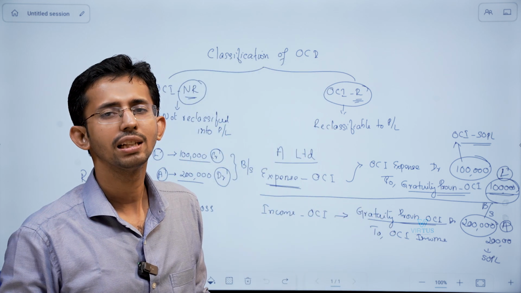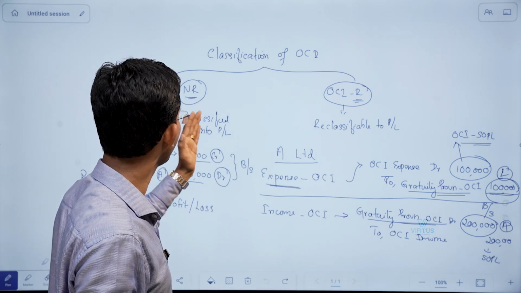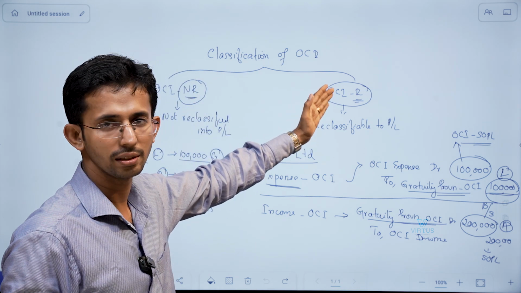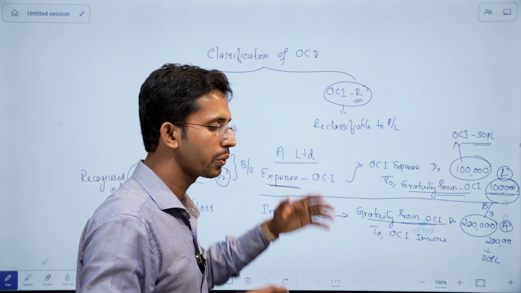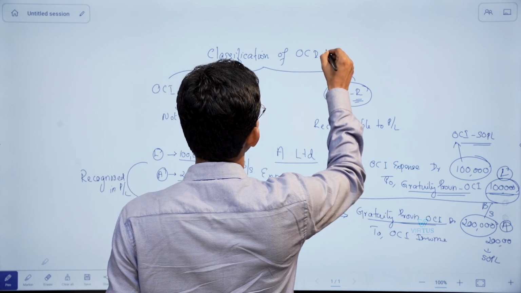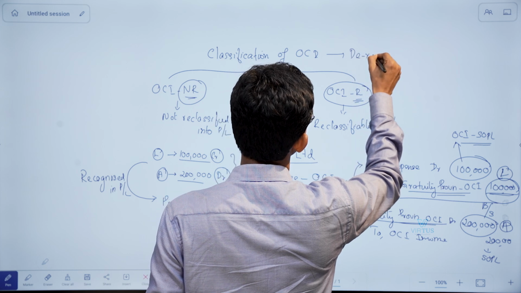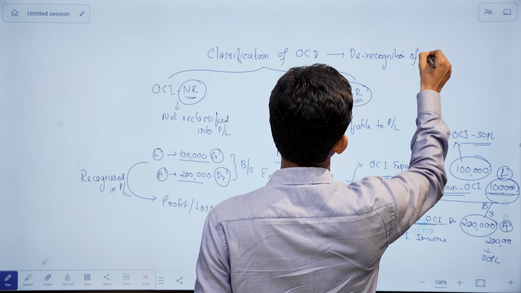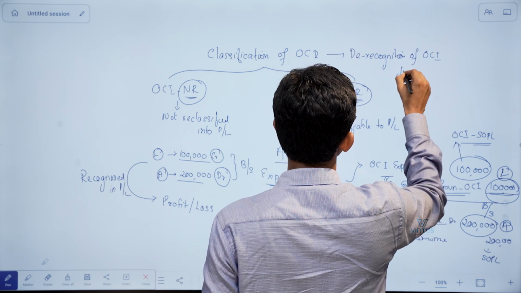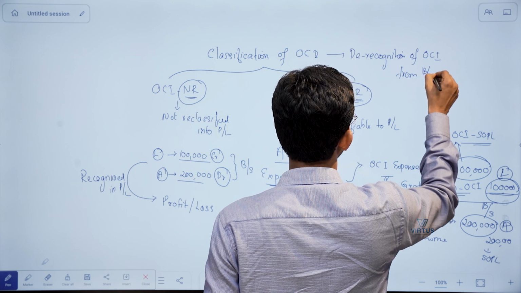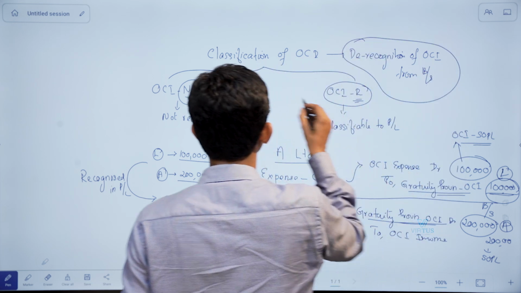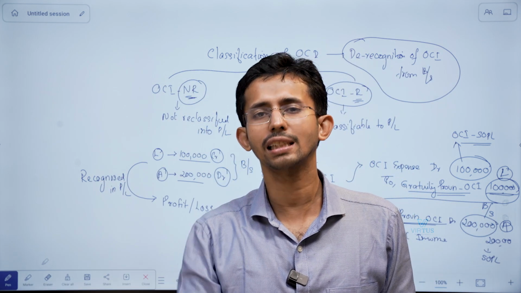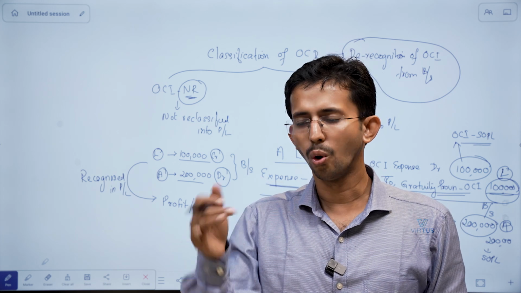So just think of its name: not reclassified to P&L, that is OCI NR; reclassified to P&L, that is OCI R. So depending upon the treatment at the time of de-recognition of OCI from the balance sheet, that is the time when you have to see whether it is NR or R. But this classification has to be done at the time of recognition itself, because you know the nature of the item.